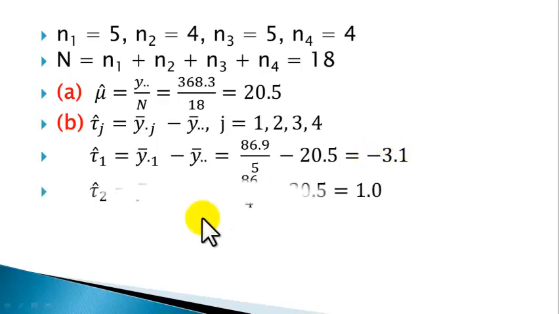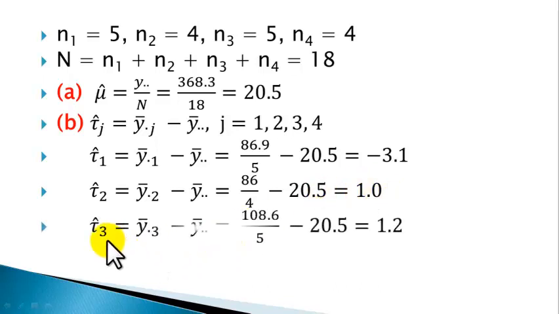For treatment 2, we have tau hat 2 equals y bar dot 2 minus y bar dot dot. The total observation under treatment 2 is 86, and there are 4 observations there. So the treatment 2 mean is 86 over 4 minus the grand mean 20.5. This will give us 1.0. The estimate of treatment 3 is tau hat 3 equals y bar dot 3 minus y bar dot dot.